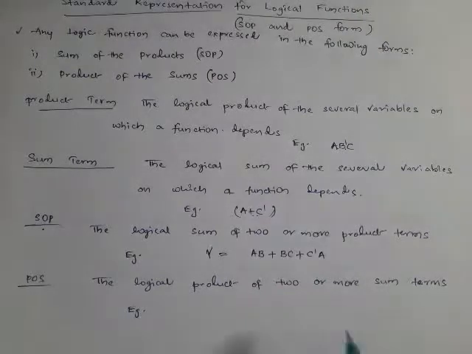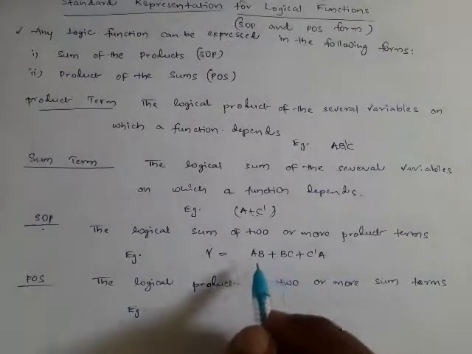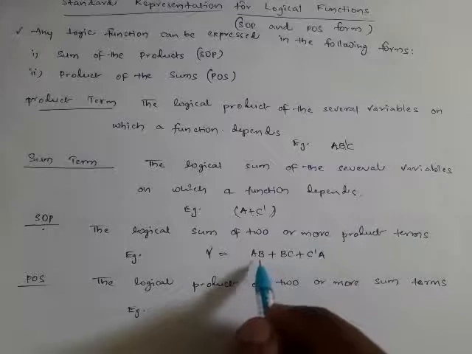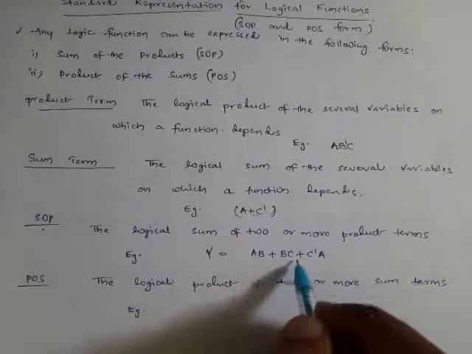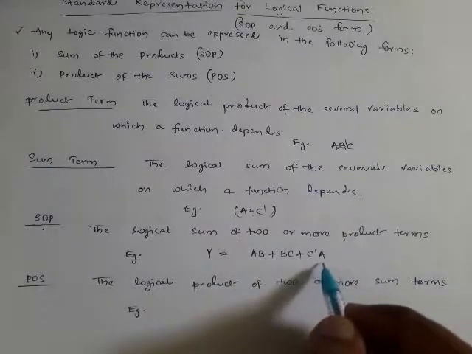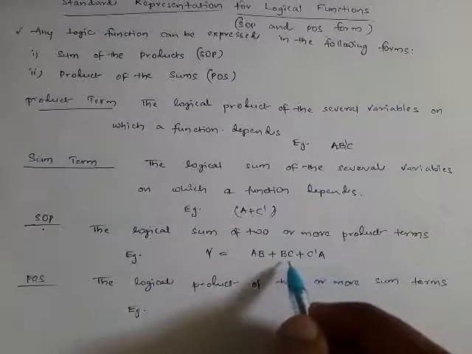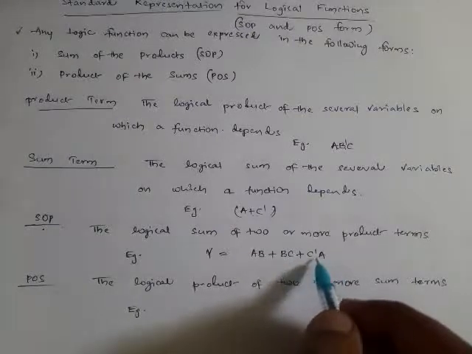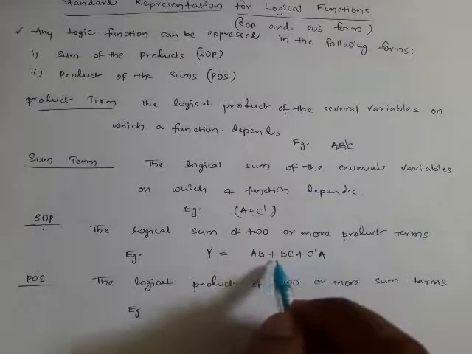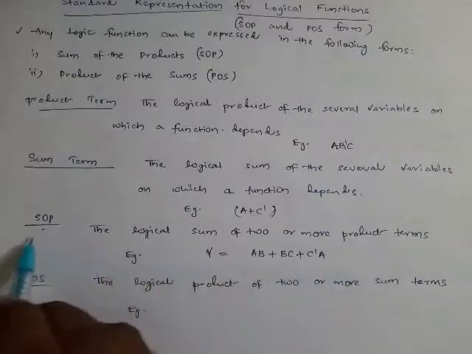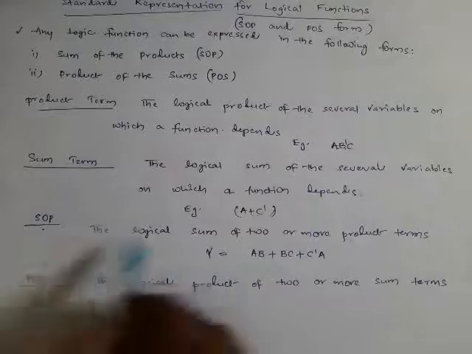Here the function depends on the three products AB, BC and C bar A, and we have taken a logical sum of the three products, and that expression is called the sum of products expression.